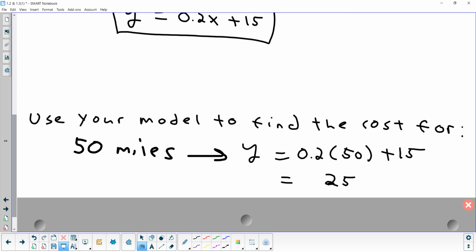And it's a word problem, so I should have some type of label. Tyler, what's my label on that? The 25 what?